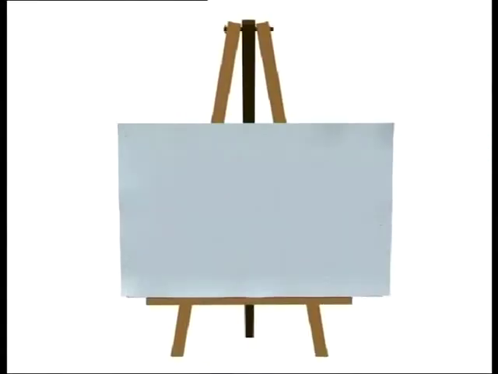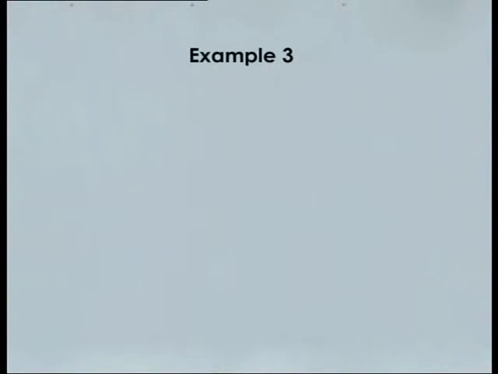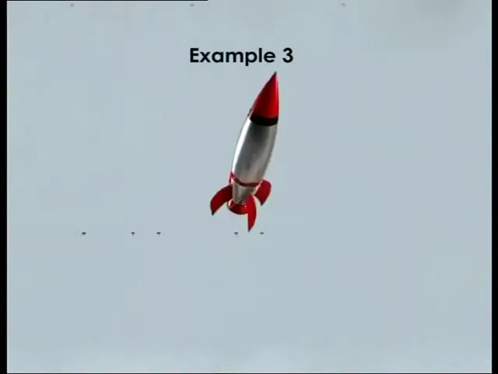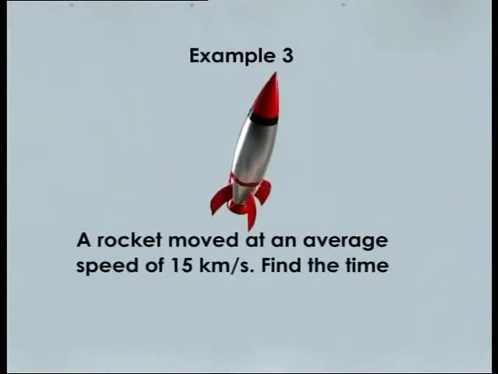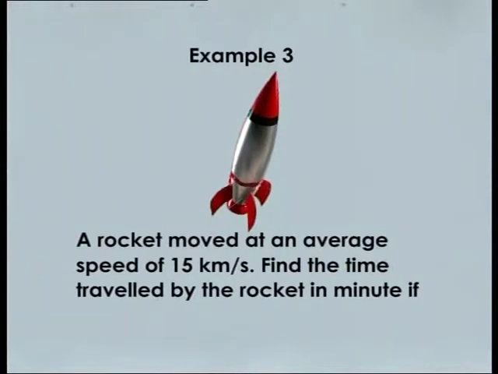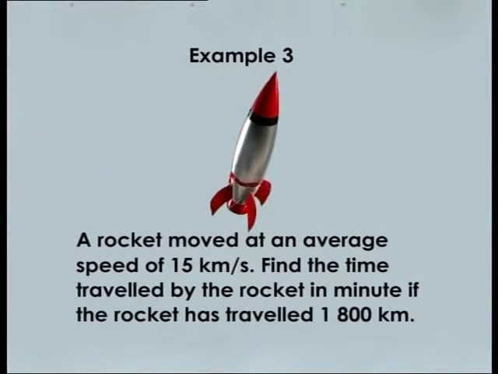Example 3. A rocket moved at an average speed of 15 kilometers per second. Find the time traveled by the rocket in minutes if the rocket has traveled 1,800 kilometers.